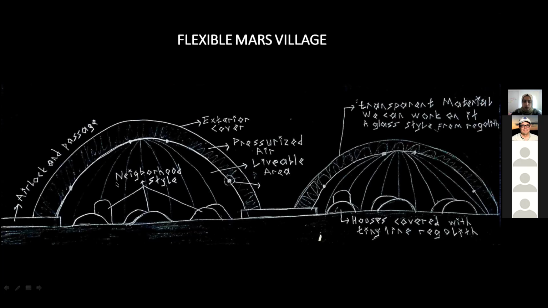We have a concept of a small district, like a Mars village project, and it can be like a greenhouse design, but with habitats in it. This is the exterior cover, but there is also an interior cover. In the middle, the air is compressed.